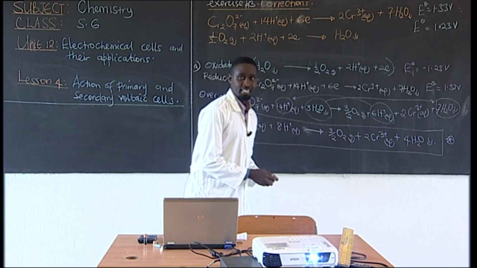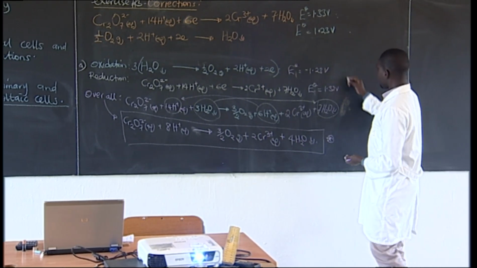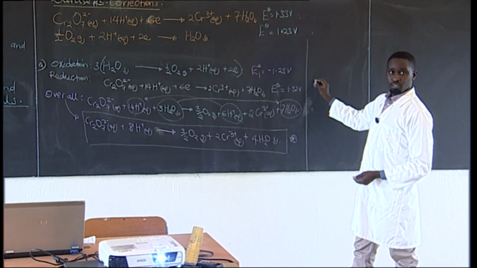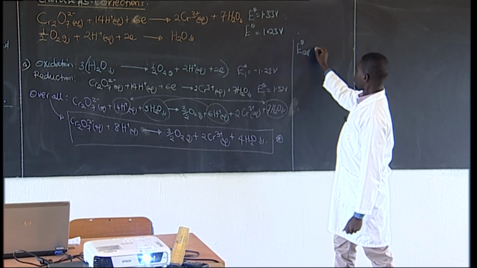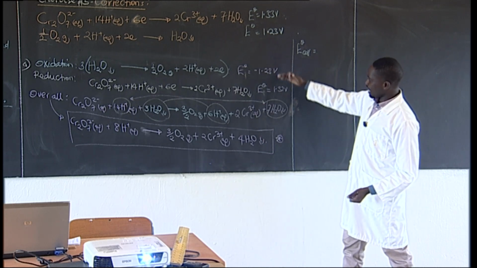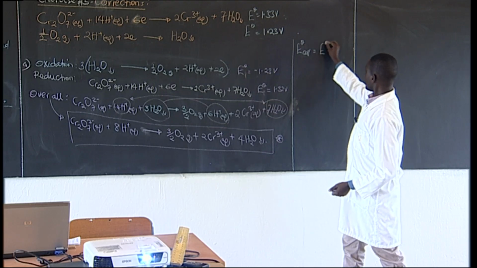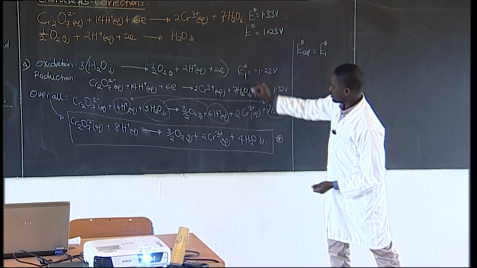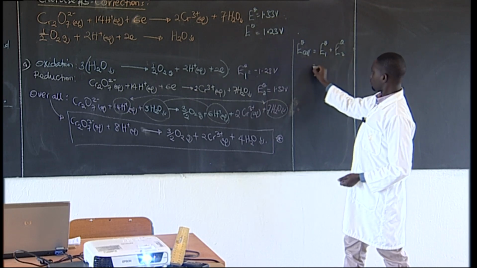So, lastly, calculate the value, the E cell. E for this reaction, like I had said, you can simply add this because we've already rotated it. It would be E theta 1, call this 1 and this 2, plus E theta 2.